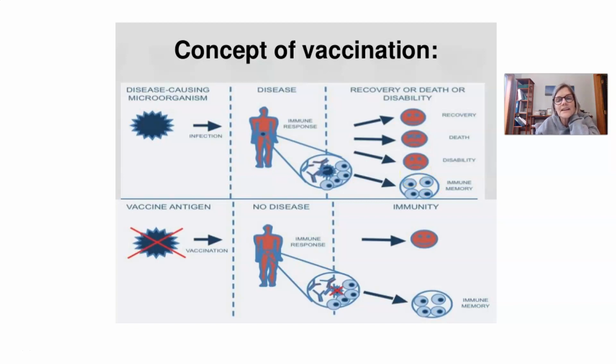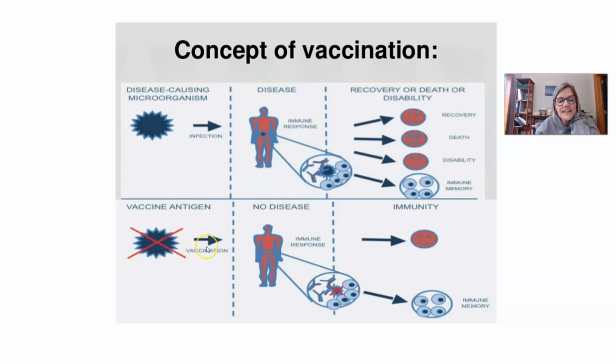We can mimic this process by using vaccines. So instead of exposing the person to the actual living infectious virus, we can expose them to a vaccine. And we're going to talk about that in a minute.